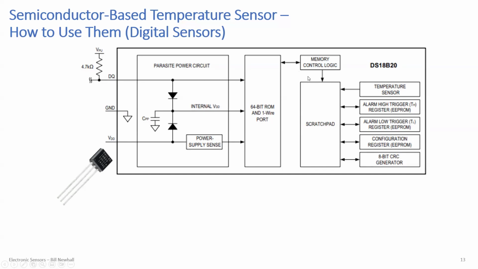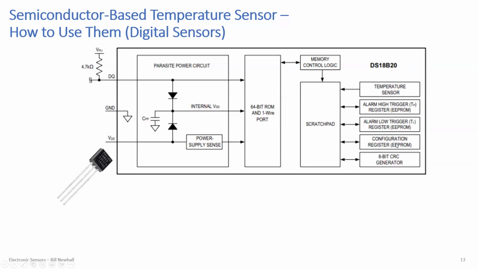Okay, so you can see here's the actual temperature sensor. It's the small box over here. And then there are a bunch of digital peripherals here, right? So you can trigger an alarm based on a programmed temperature. You can program that temperature from your microcontroller. You can set a high or low trigger there.